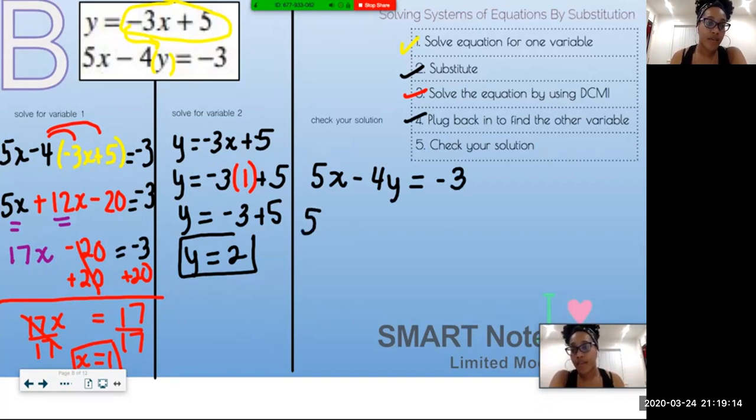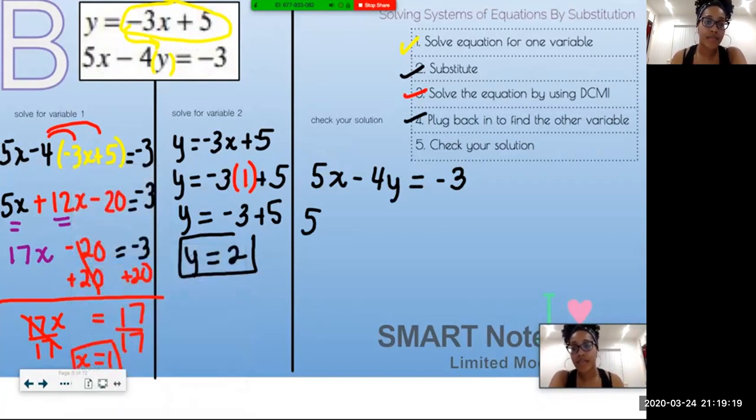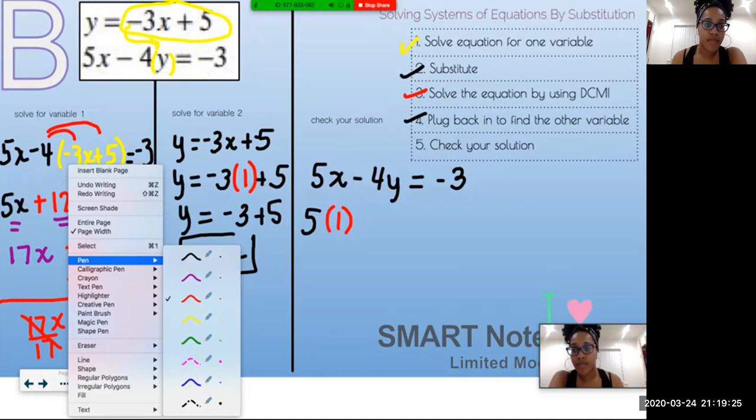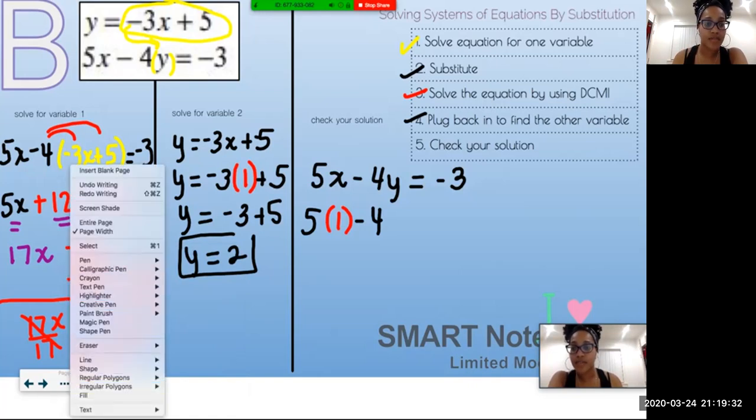We figured out together that our x is equal to 1, right? We figured out together that our y is equal to 2.